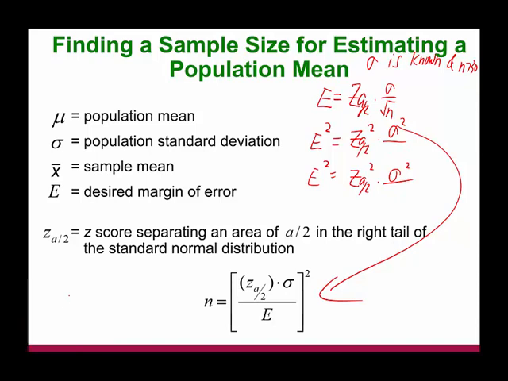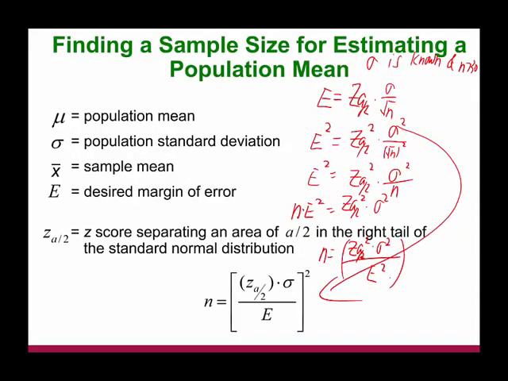Then we can solve for n from there. You can use proportion to solve this: n times E squared equals z alpha squared times sigma squared. Now n is equal to z alpha squared times sigma squared over E squared.